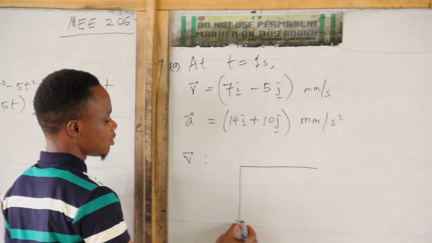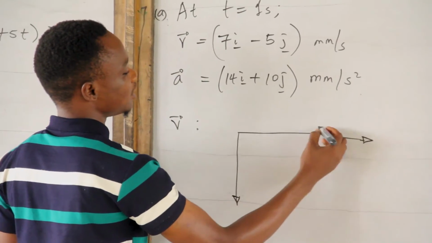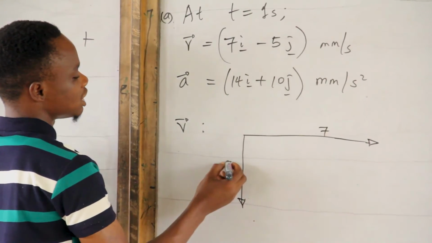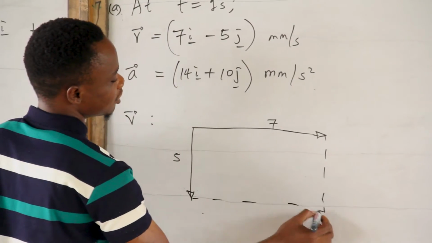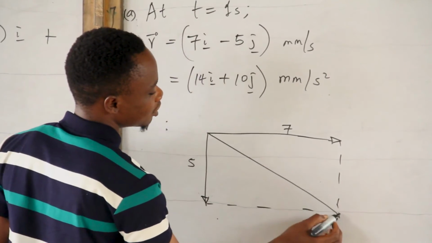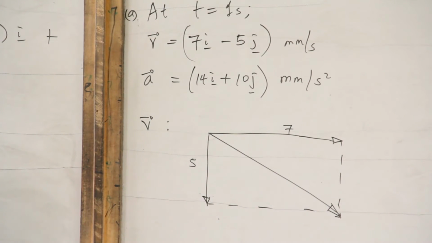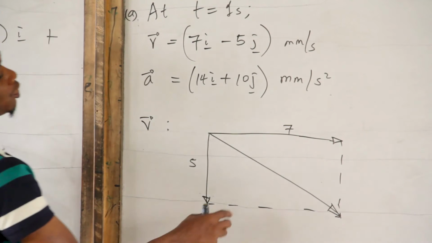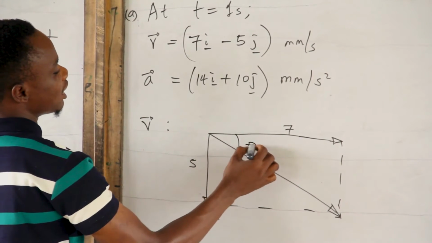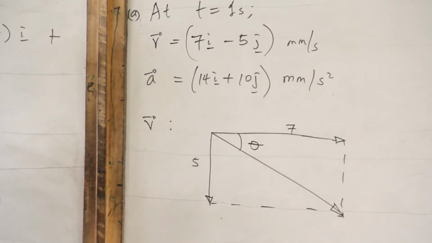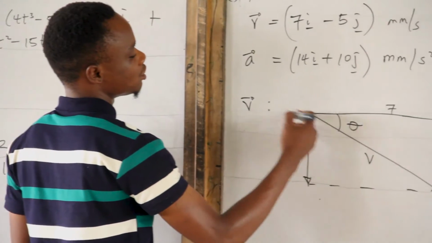Alright, so I'm going to have something like this. X component is 7, so let's make it a bit longer, and this one is 5 in the negative direction. So the direction of the velocity is going to be this way. Is it clear? And that means you will get the direction, for instance the angle theta it makes with the x-axis, and then I will get its magnitude, v.